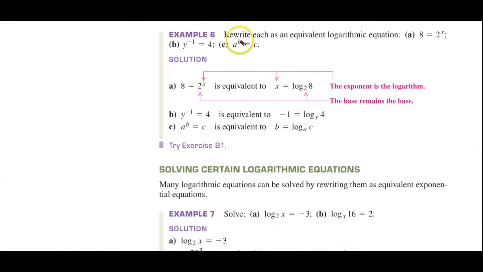Now, for these, we are going to rewrite an equivalent logarithmic equation, sort of the reverse of what we just did. So here we have this. Now we're going to say our x, which is our exponent, is equal to the log of our base, which is 2, of 8.